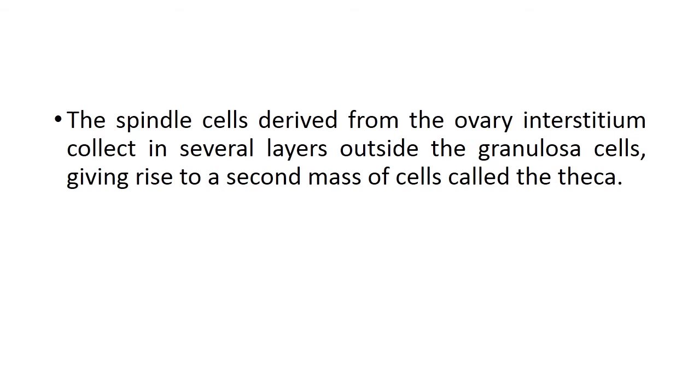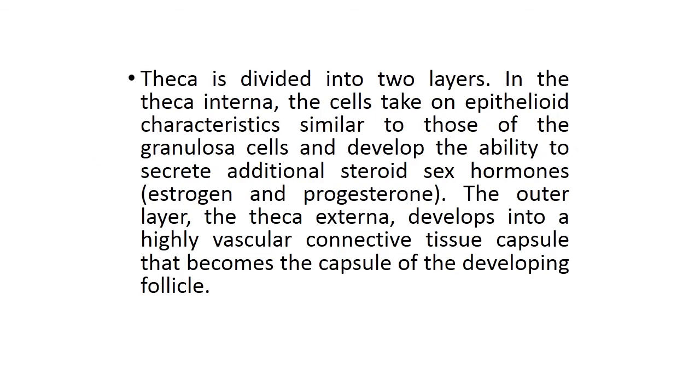Initially only the ovum and granulosa sheet are present, and then outside the granulosa cells, a second mass of cells develops, which is called the theca. Theca is divided into two layers.